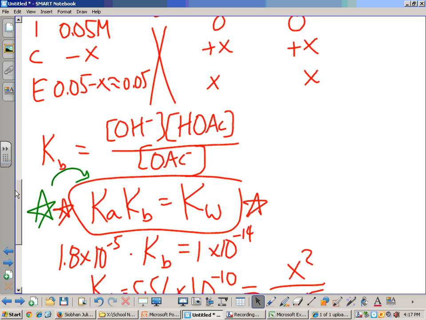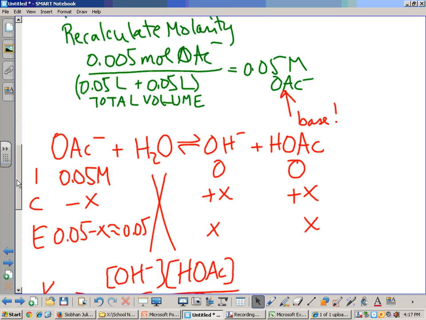The second area where students tend to get confused is in writing the reactions. It's in thinking to write a base dissociation reaction for the equilibrium part here. They can usually get the neutralization reaction just fine. You know how to write a neutralization reaction. You've been doing that since Regents chemistry. But then it's realizing what they need to do for the second part of the problem.